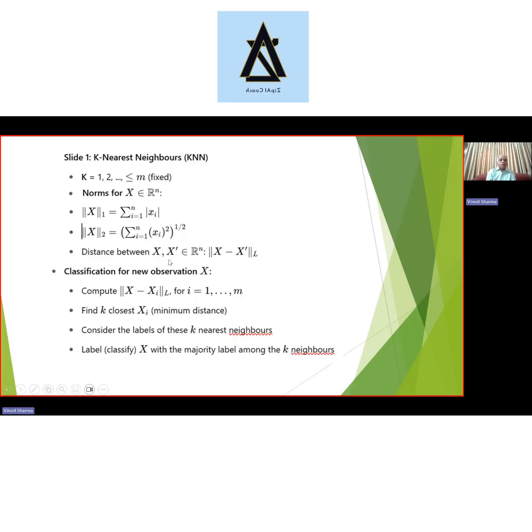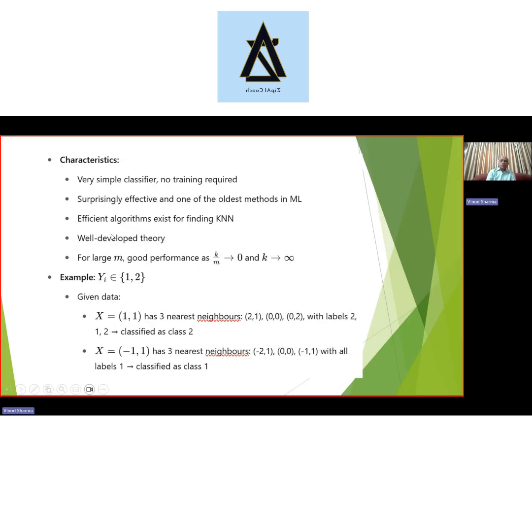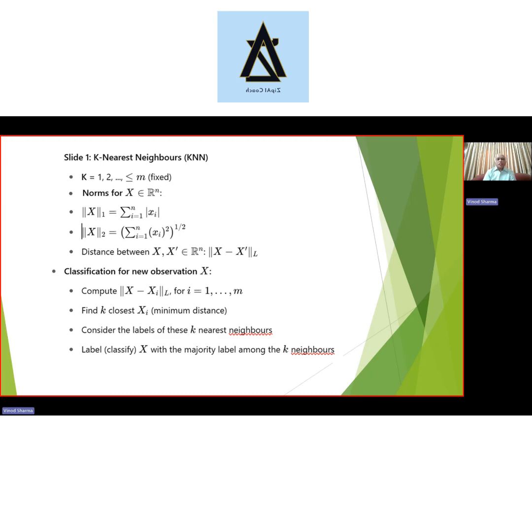The distance between x and x prime, 2 points in Rn, is given by the norm of the difference x minus x prime, and the norm could be the L1 norm or the L2 norm, where L1 is this and L2 is this. Of course, Lp could be taken for any p greater than or equal to 1 as well, but these are the norms we'll be discussing, and more often, in fact, it is the L2 norm that we'll be talking about.